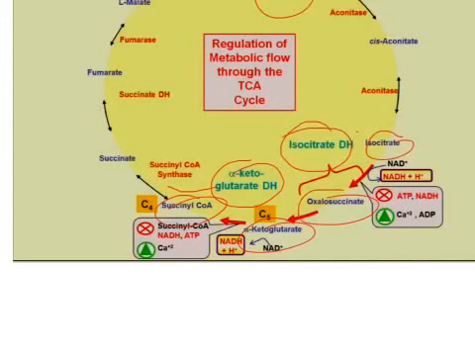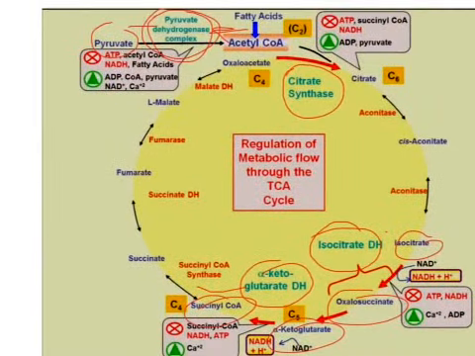But the isocitrate dehydrogenase can be upregulated, as well as the alpha-ketoglutarate dehydrogenase by calcium, and especially in skeletal muscles, this is important to couple the contraction of the muscle with the production of energy. And so you can also see that calcium acts on pyruvate dehydrogenase as well.